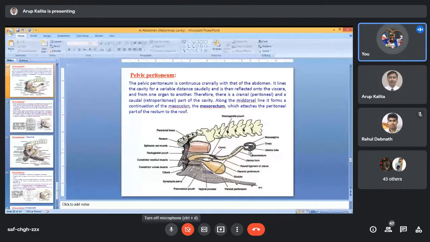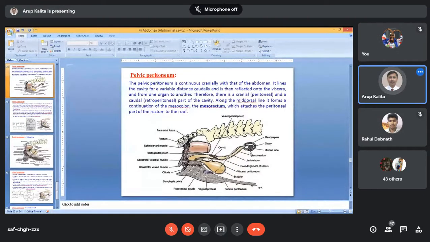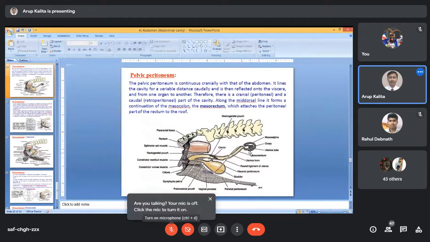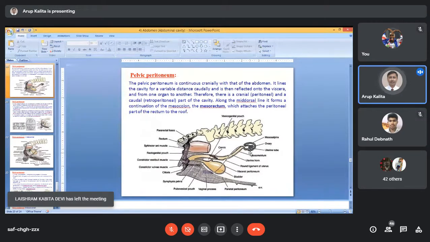Now, how does the pelvic part of the peritoneum form? Very, very important. You just see here in the photograph.